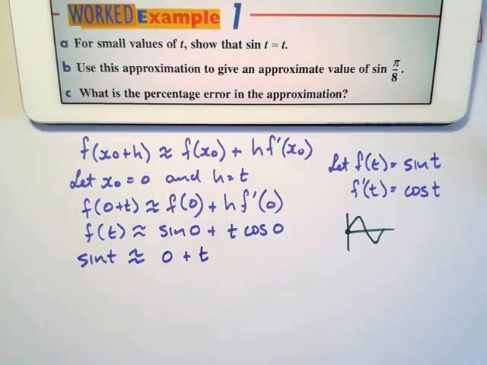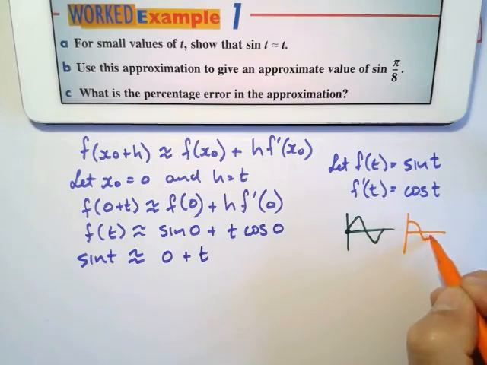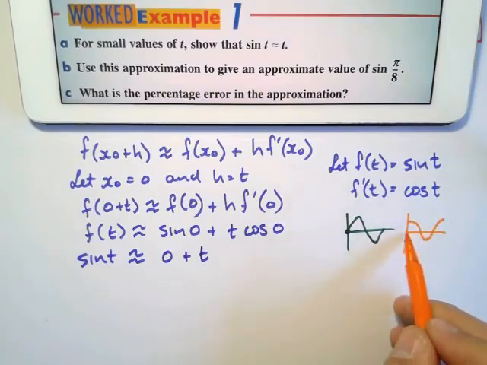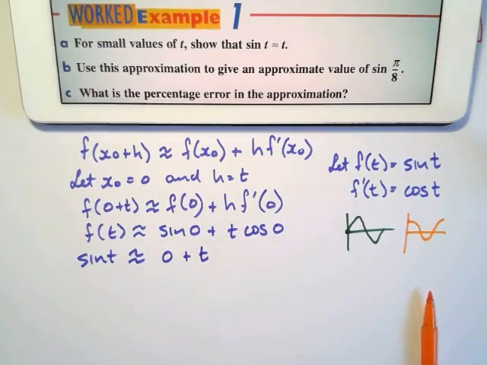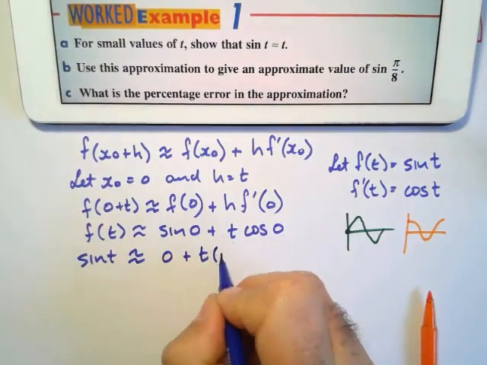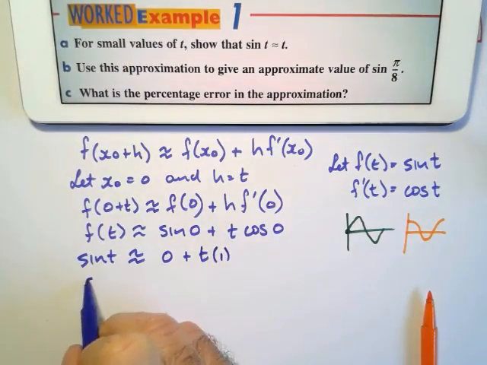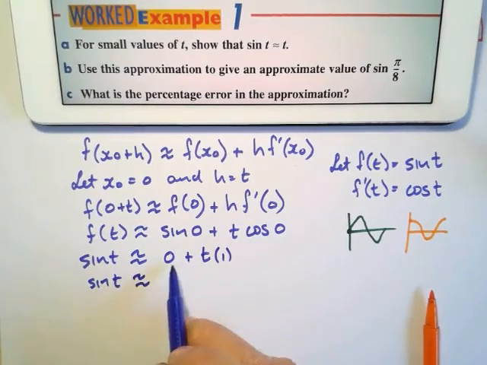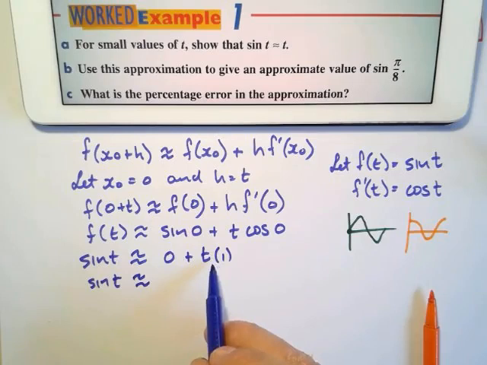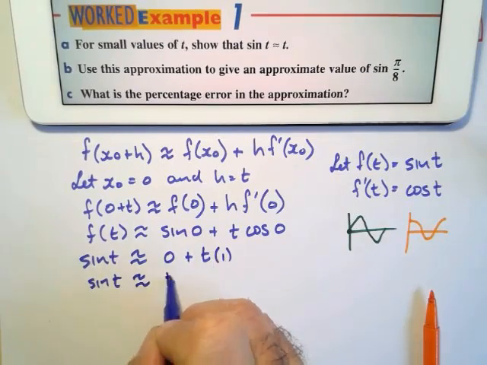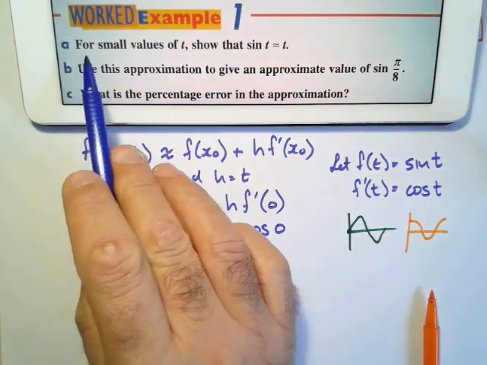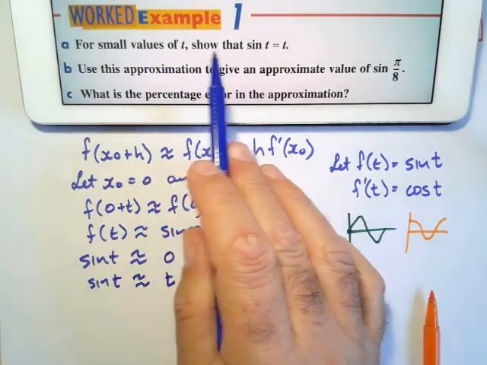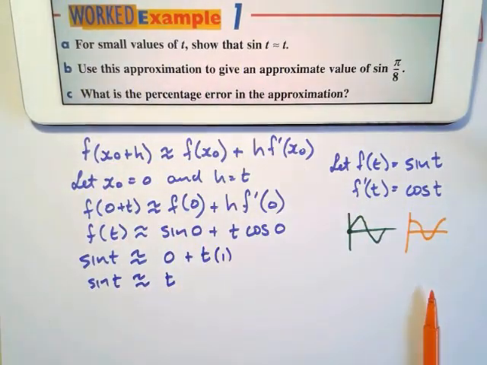Your cos graph looks like this, so cos at 0 is 1, so that is t times 1. So this shows us that sine t is approximately 0 plus t times 1, which is t. So I've just proved that for a small value of t, sine t is approximately equal to t.